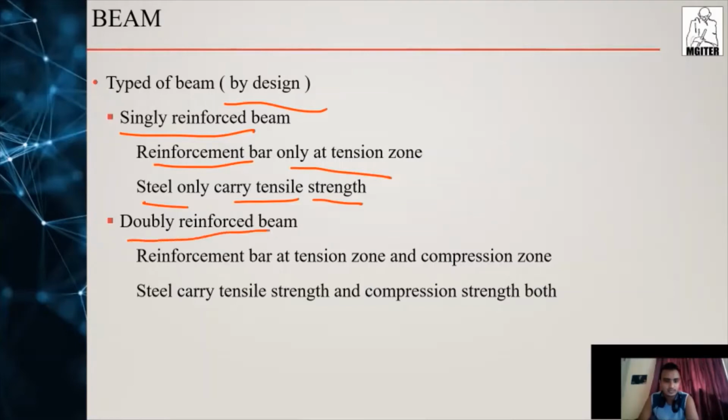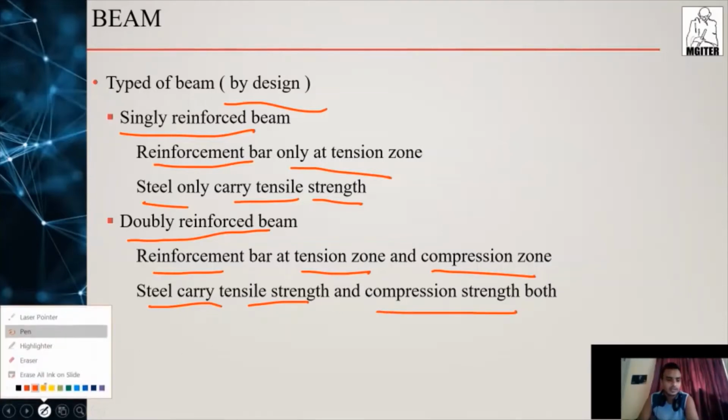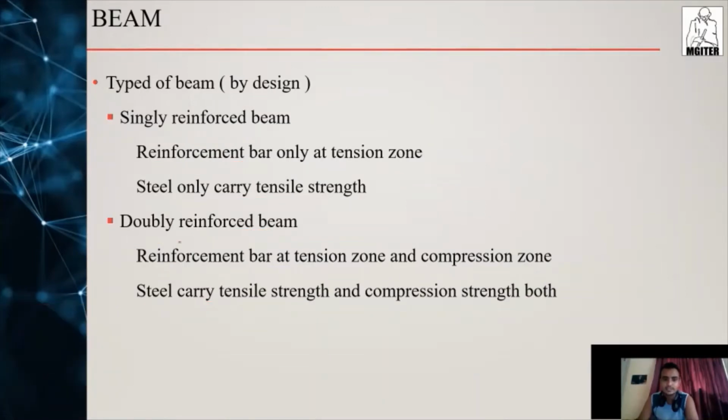Second is the doubly reinforced beam, with reinforcement bars in both the tension zone and compression zone. At that time, steel carries both tensile and compression strength. These are the design types of beam. Okay, understood?